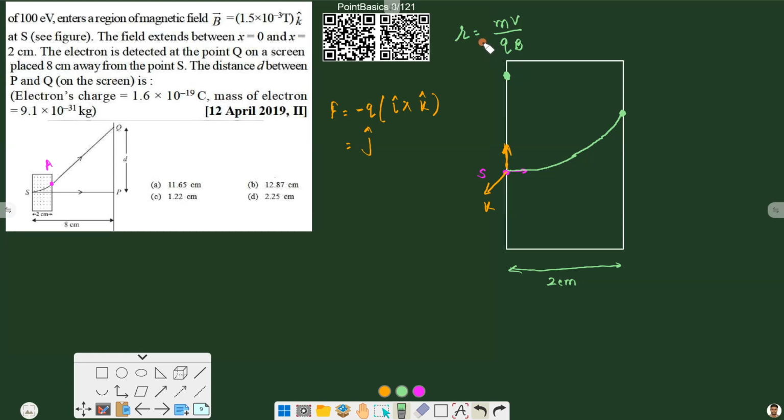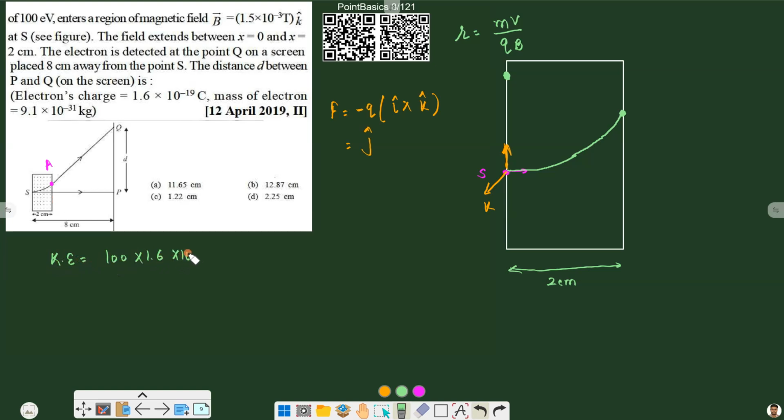Now we know the radius, and the radius can be calculated using the value of kinetic energy, which is given as 100 electron volt, so 1.6 into 10 raised to power minus 19 multiplied by 100. We know that momentum and kinetic energy have a relation: momentum is root 2m times kinetic energy.